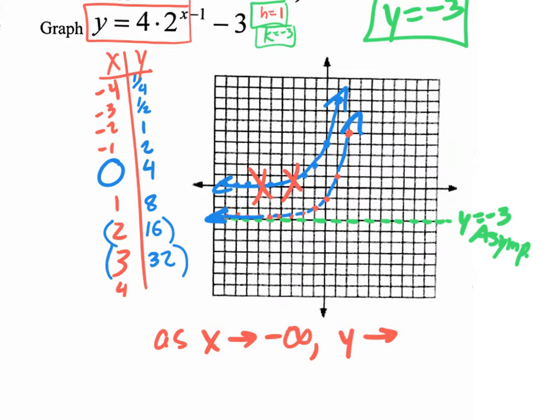Positive infinity? Well, you're saying that as I look at it to the left, it's going to go to positive infinity on the y's? It approaches -3. Think about this, guys, and I don't expect you guys to know this already. Good job, Nathan. What y value are we at right here?